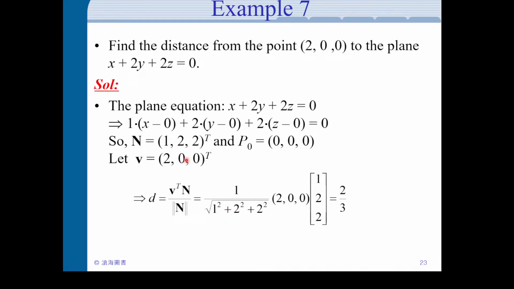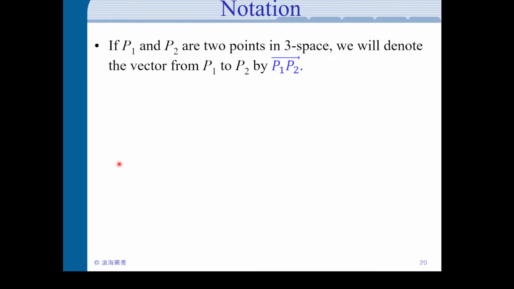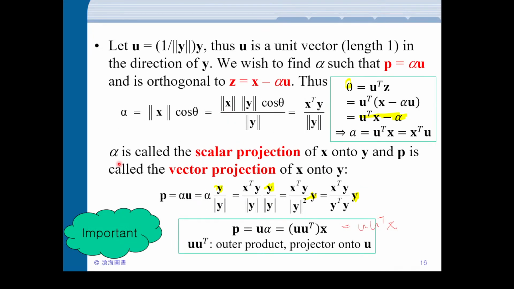Oh, sorry, we want the distance of the vector, so we want the scalar distance. So the distance is once again just the inner product between n and v divided by the length of n.